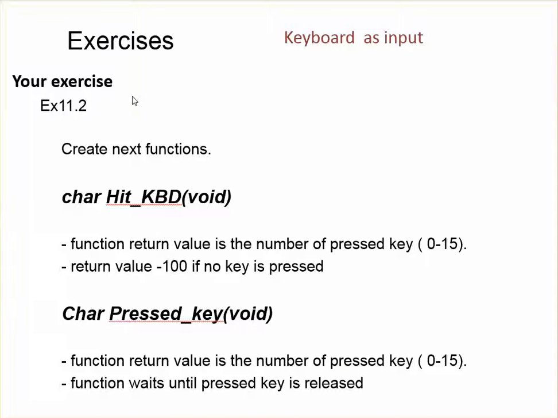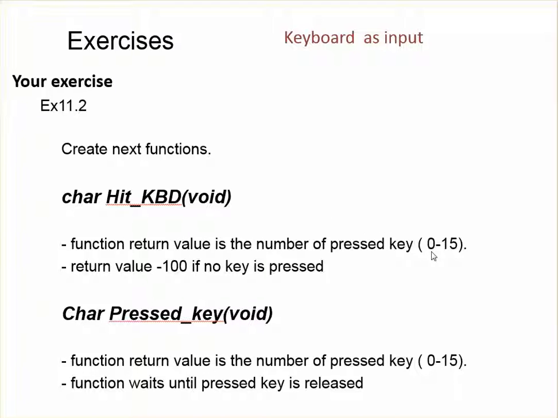And here's the exercise 11.2. Create one function that will be of type character and its name is hit keyboard. So the idea is that this function will return the number of the pressed key.